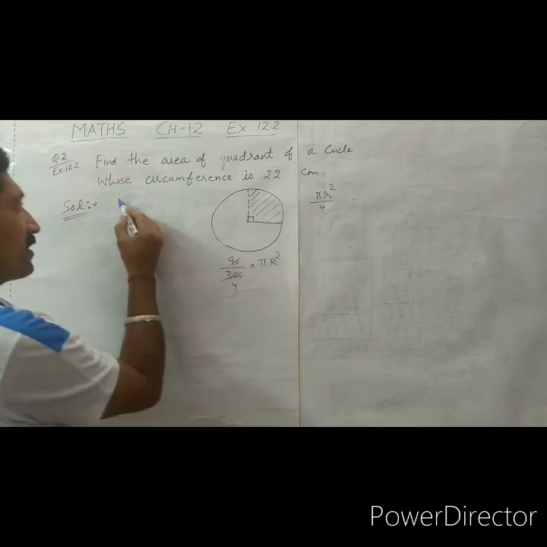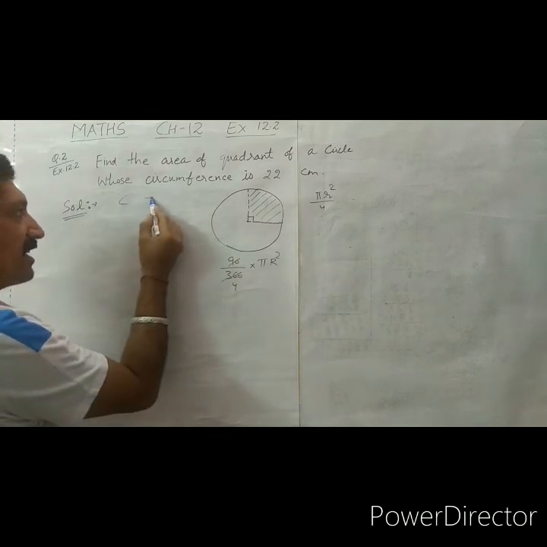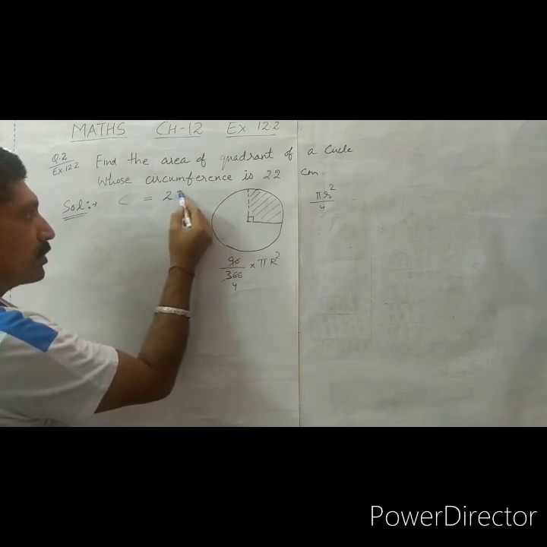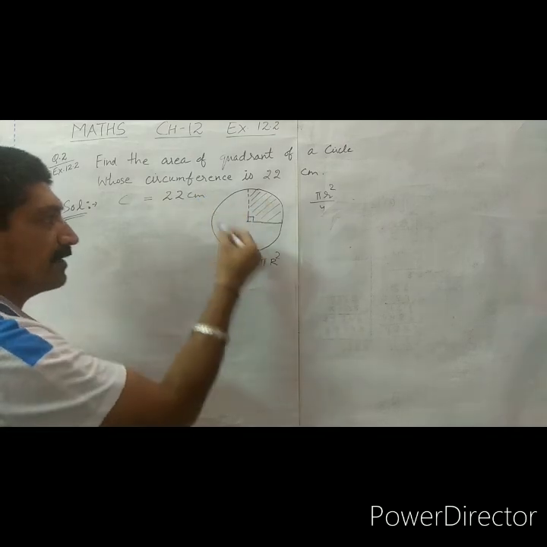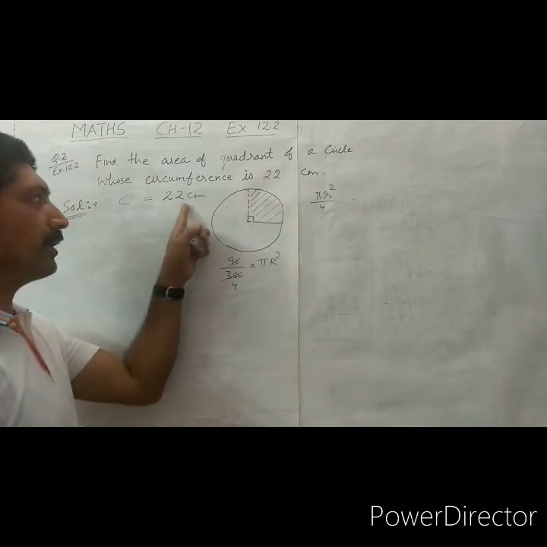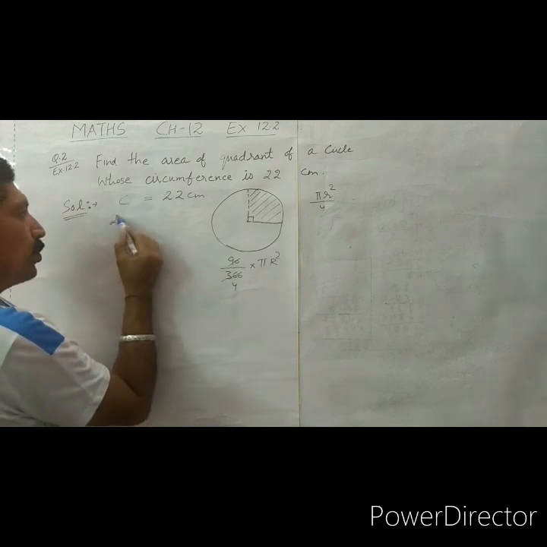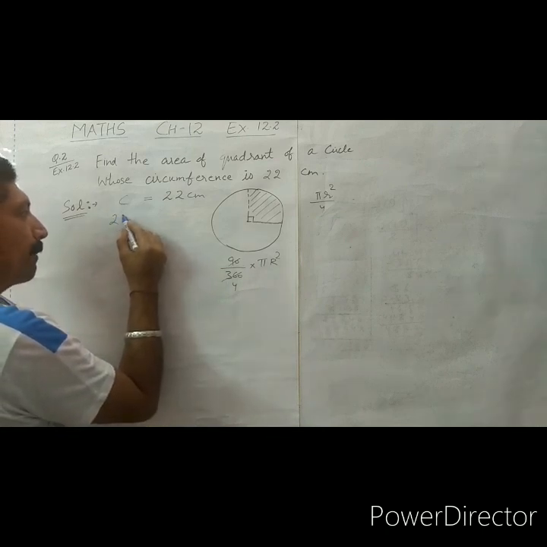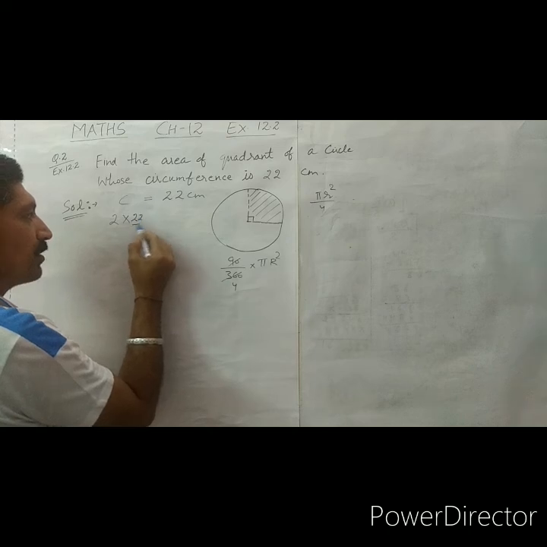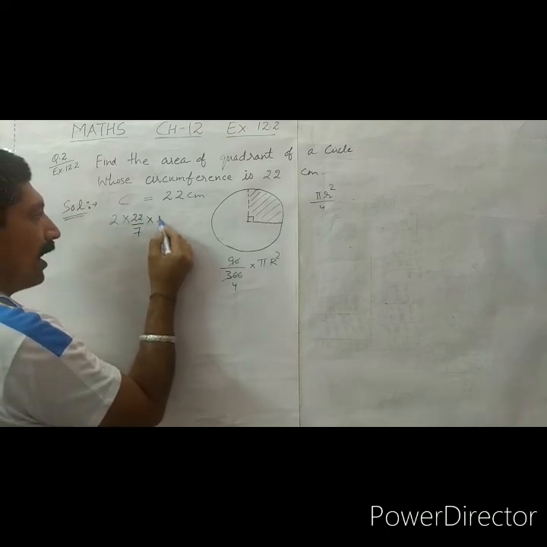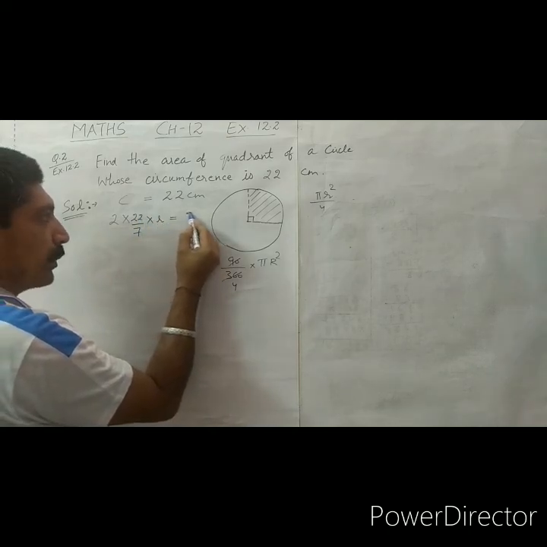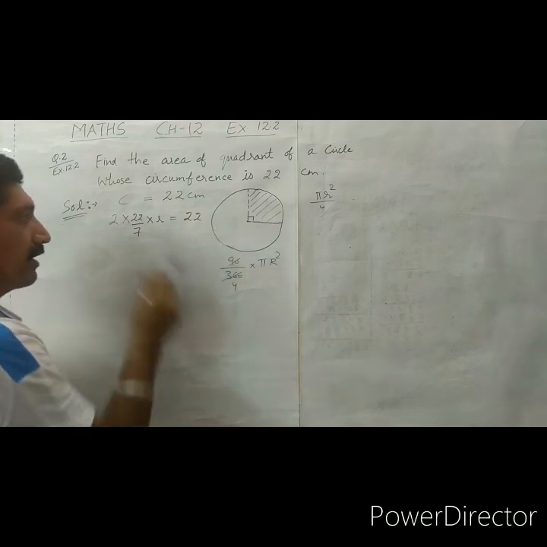So here the circumference C is equal to 22 centimeter. The circumference of the circle is 22 centimeter. So here we have 2 pi is 22 upon 7 into r is equal to 22 given.